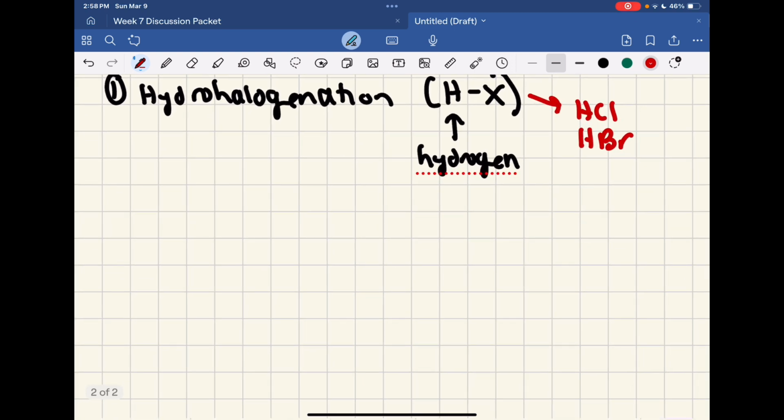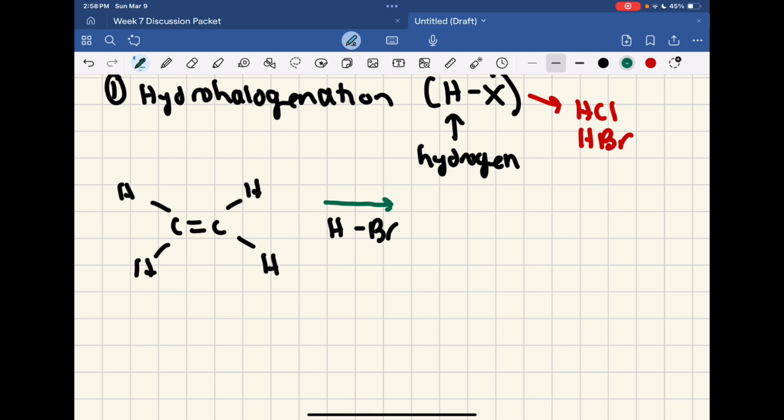So if I had a generic double bond here, and I had my hydrobromic acid, mechanistically the arrows are always coming from a source of electrons, which is our nucleophile, to a deficiency, which is our electrophile. If you can't see the deficiency, you would go back to the dipole moments that we learned in chapter 1.